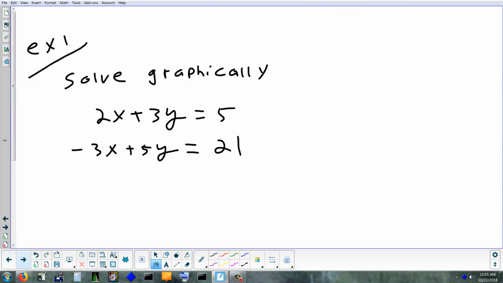All right. If you were to graph both of these, you'd have to get y by itself. Okay, but before I even do that, does anybody recognize what kinds of shapes those equations will be? Jared?